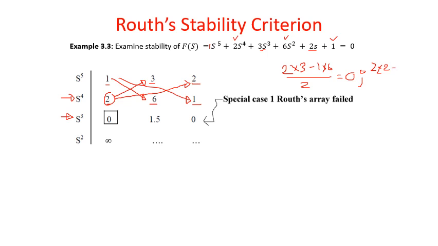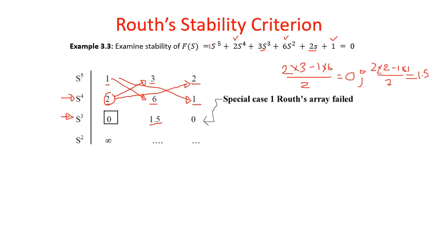So here 4 minus 1 is equal to 3. 3 divided by 2 is equal to 1.5 or 3 by 2, that is also okay. So we write here 1.5. Next, we don't have any column here to multiply, so this will be 0.